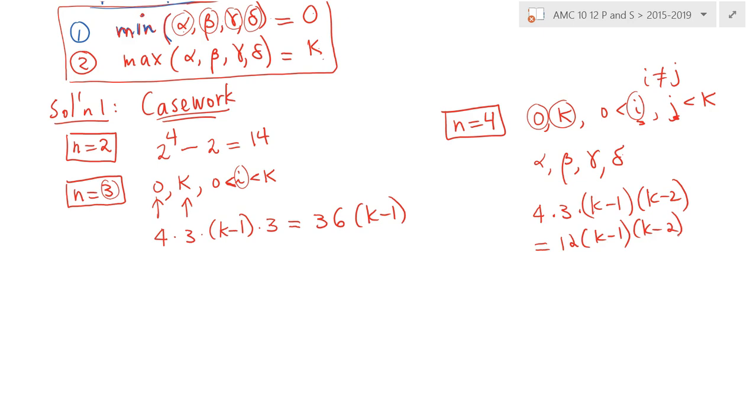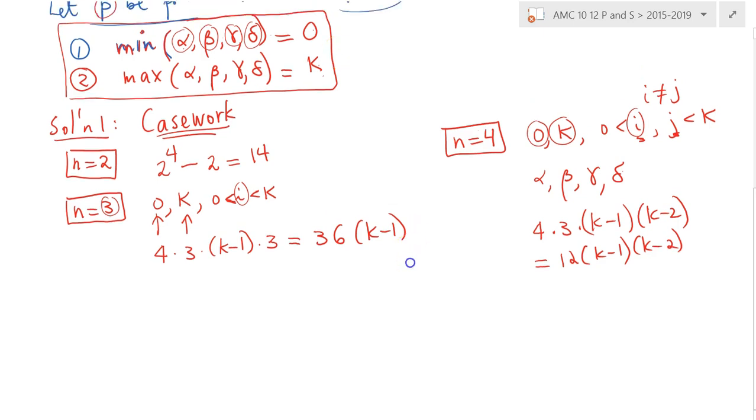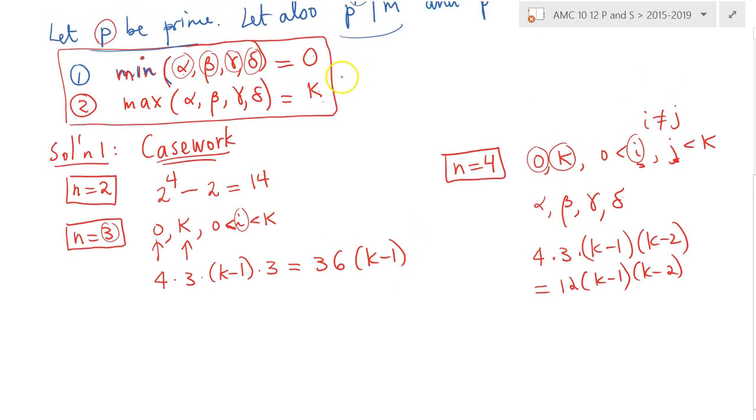Okay, so that's therefore the total number of solutions to this system. The number of solutions is equal to 14 plus 36k minus 36, and then this monster here. So we have 12k squared, and then minus 2k minus 3k minus 36k, I guess, and then plus 2 plus 24.